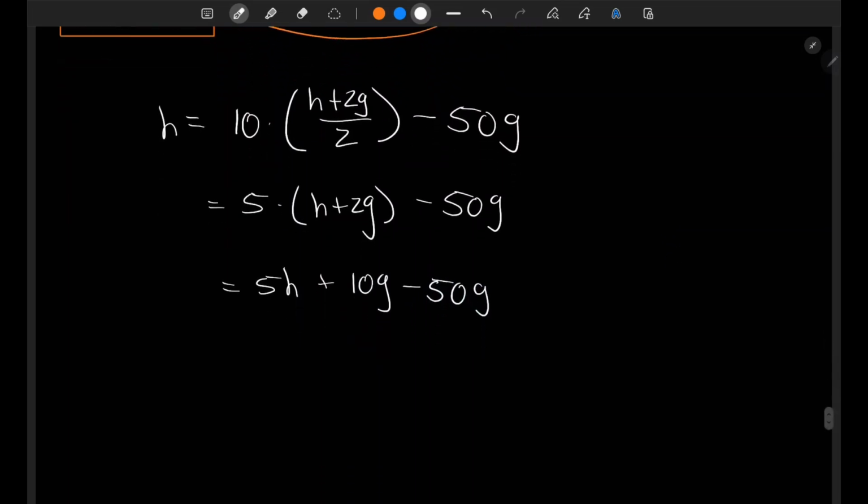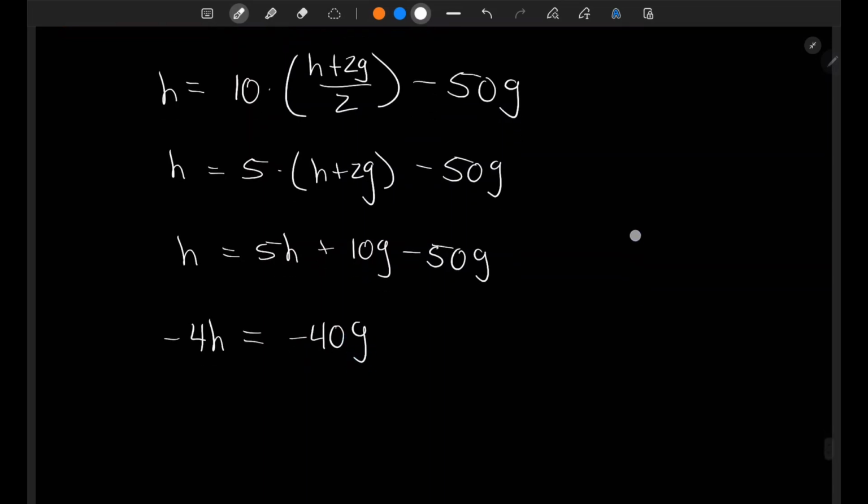Then this is equal to h. I can subtract 5h over to the left-hand side, so that becomes h minus 5h, which is negative 4h, equal to 10g minus 50g, which is negative 40g.